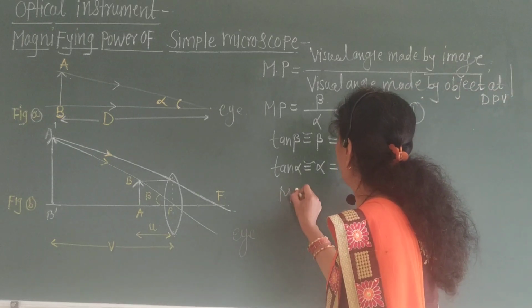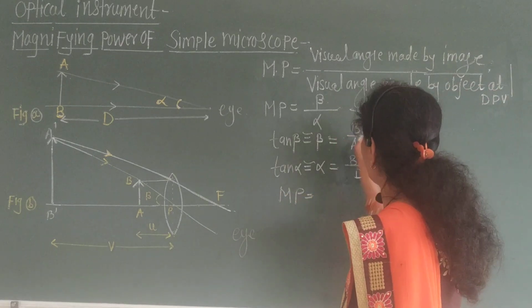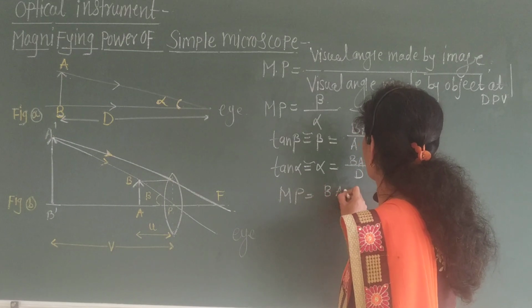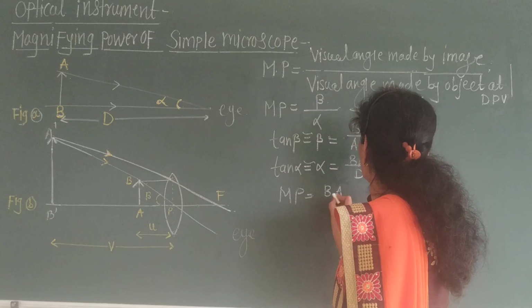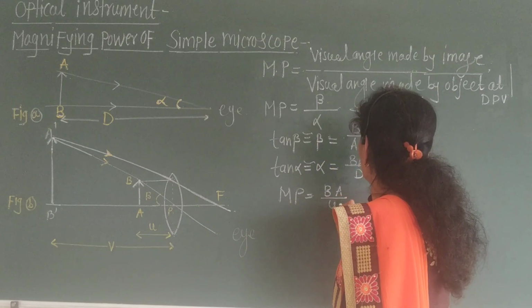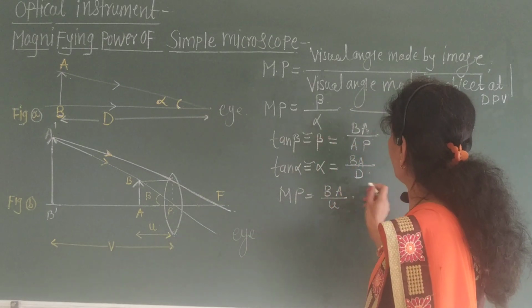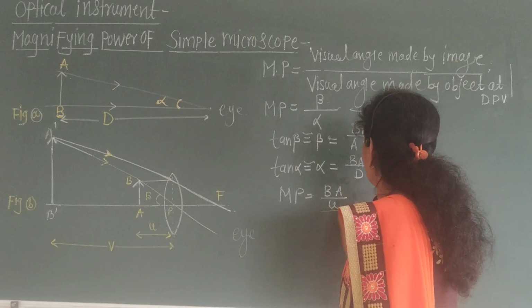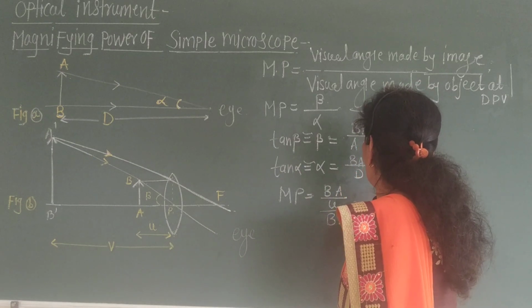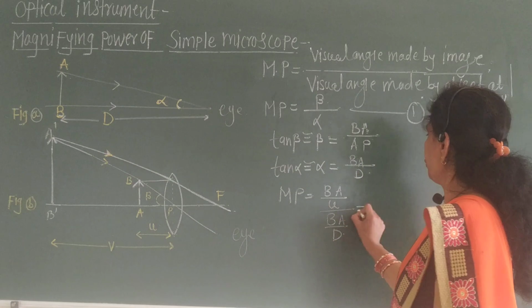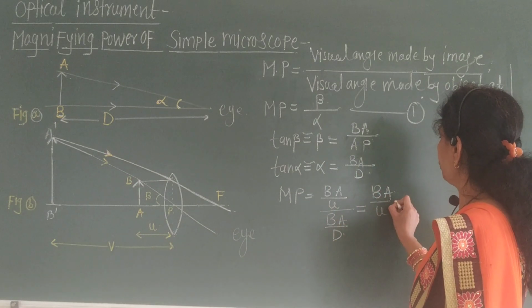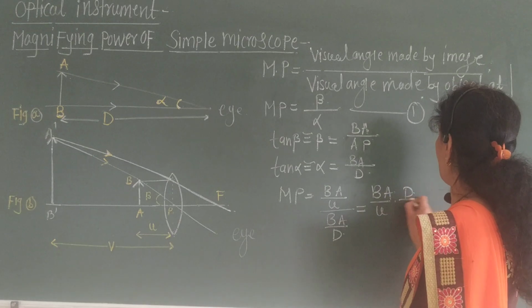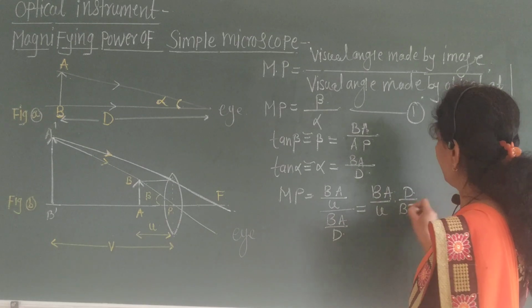What do we get? MP is equal to beta, BA upon AP. AP is U. Okay, AP is U into alpha, which is BA upon D, which is equal to BA upon U into D upon BA.